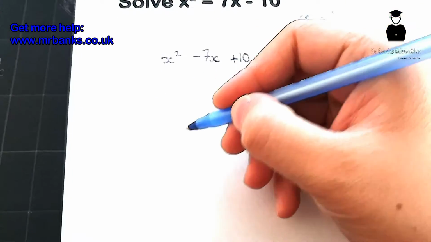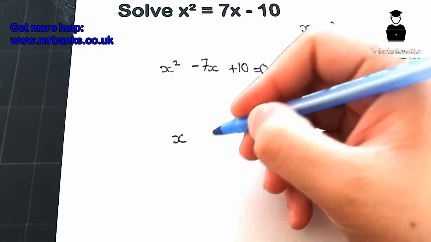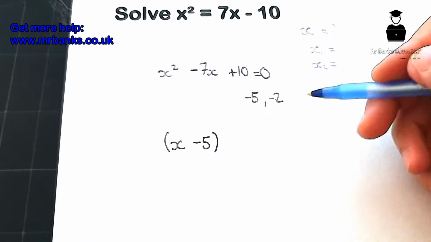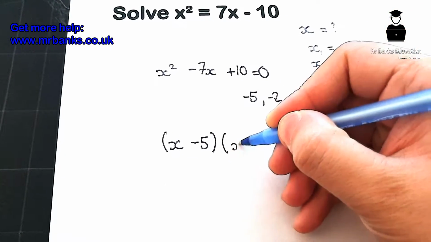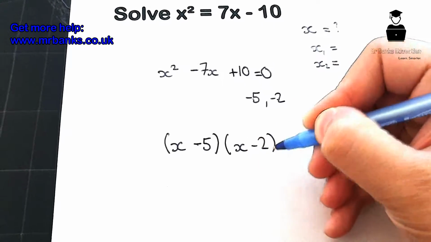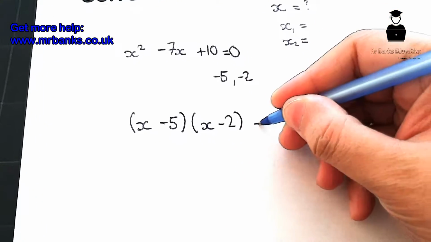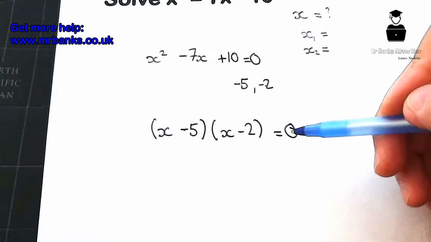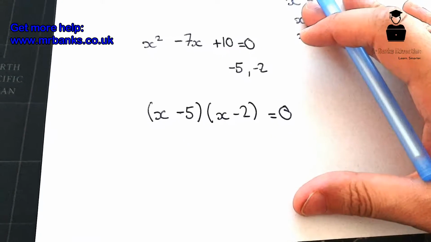So when we factorize it, it's going to be x minus 5, x minus 2 in brackets. Okay, and that equals 0. Okay, because that's 0, this is 0, we've just put it in brackets.